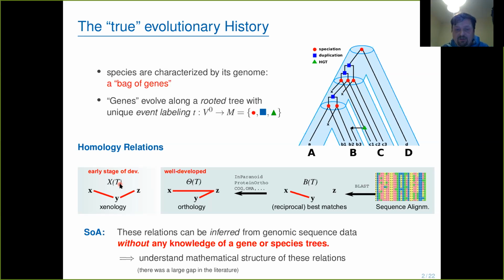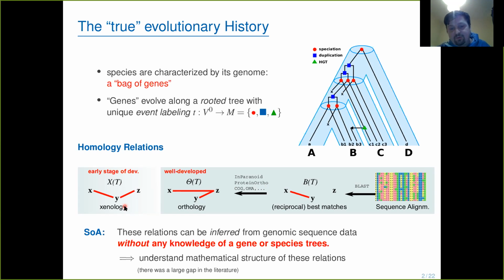But to this end, we need to understand the mathematical structure of these relations. And it is somehow a big surprise that, although many methods have been established to infer these relations, the mathematical structure of these relations has been somehow unknown for a long time.